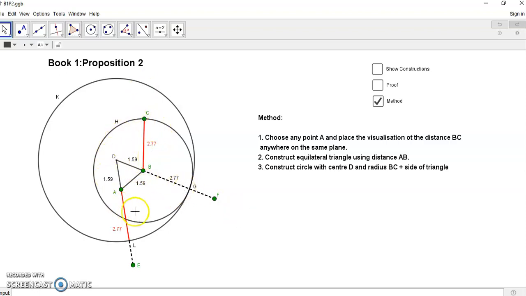And then, obviously, it follows that this distance here will be equal to BC, because the radius of circle D is equal to that distance plus one of the sides of the equilateral triangle. Very simple proof, very easy.